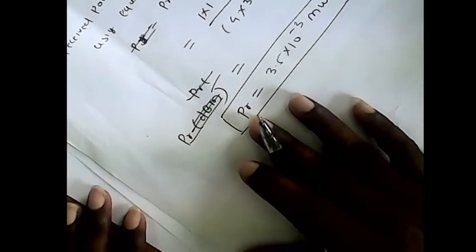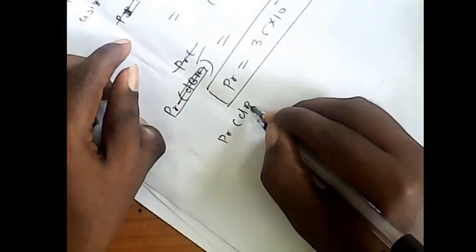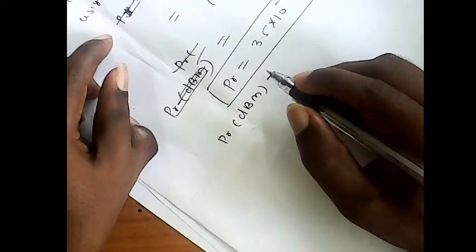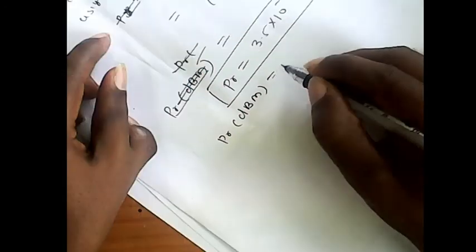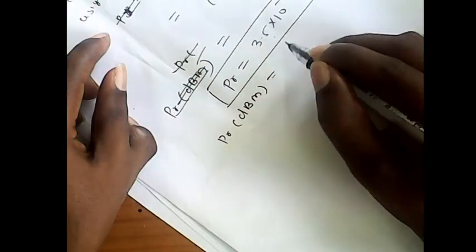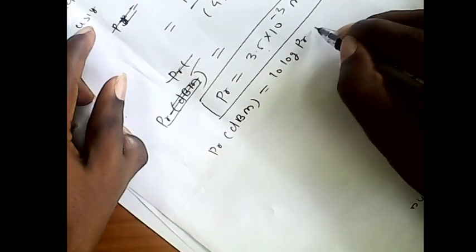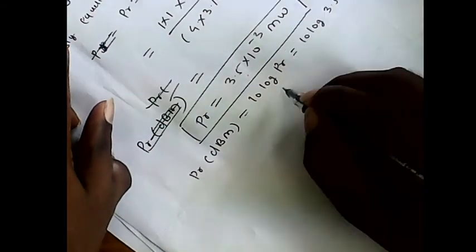Okay, and PR can be calculated in decibel milliwatt. So we can put this value, 10 log of PR, so 10 log 3.5 into 10 raised to minus 3 milliwatt.